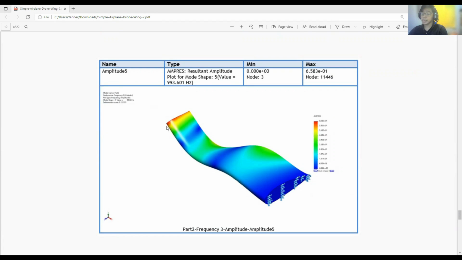Just like the previous simulations at amplitude 2 and amplitude 3, it also showed that near the fuselage, it didn't receive much stress, but here we can see that there are 3 parts which didn't receive or are less affected by the stress. It is also similar to simulation 2 and 3, because the most affected part is the tip.